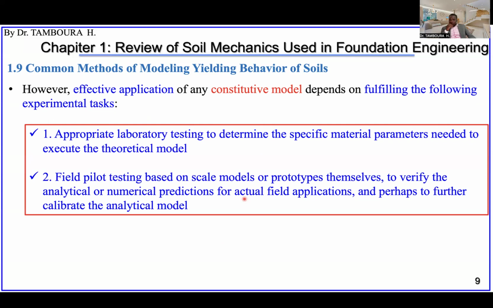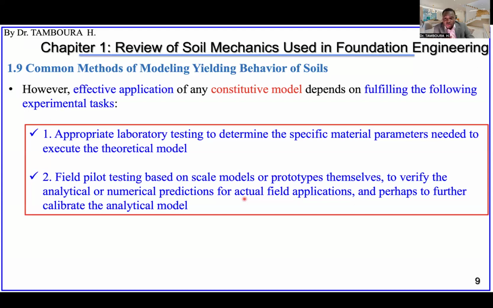okay? And you do your numerical model and obtain some result. In an actual project, you have to calibrate your model using result from field testing. That means you go, for example, 4 or 5 already built, constructed on the construction site, the site you want to build nearby.